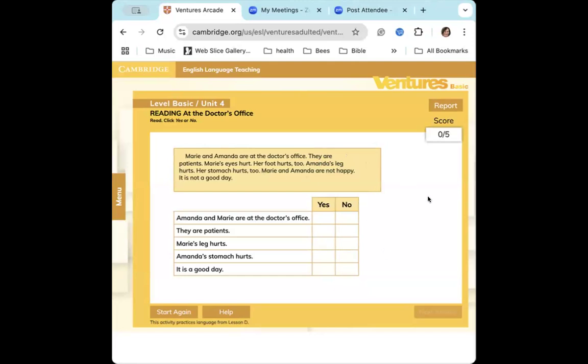Does it? I have to read up here. So is it a good day? And I've got that they're at the doctor's office, they're patients, but does Marie's leg hurt? No. Amanda's stomach hurts? Yes, it does. And it's not a good day. Okay.